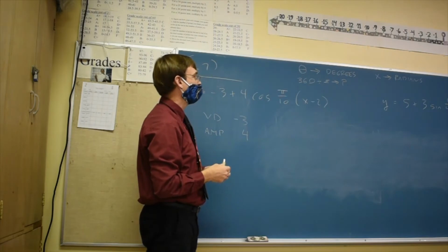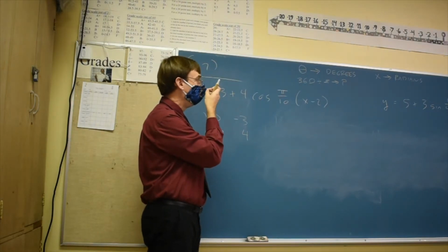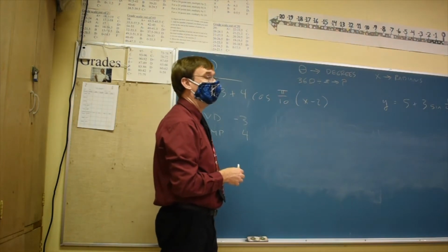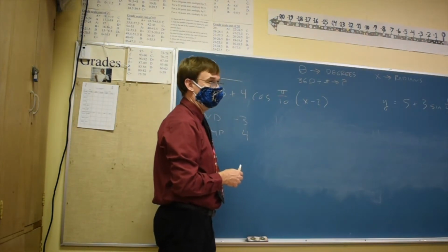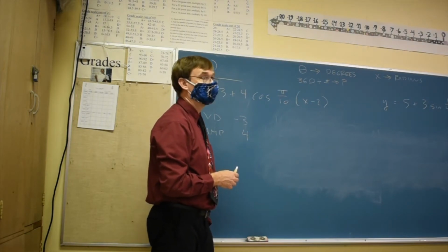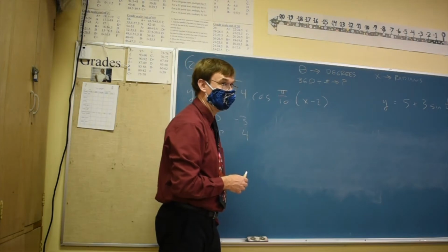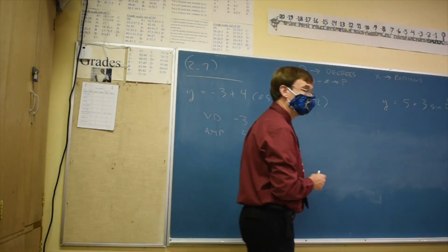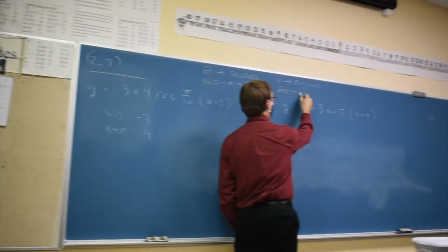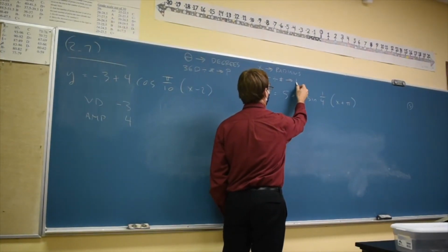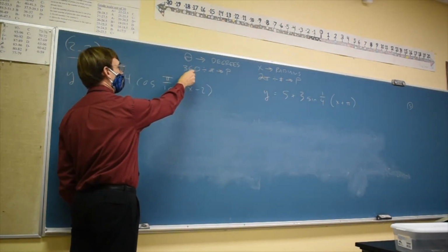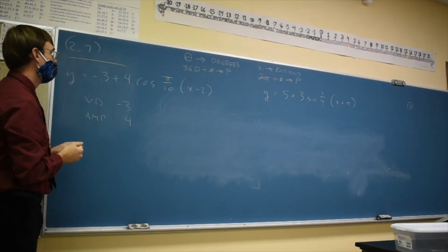Anybody have a thought on, in radian town, how we would have to modify that approach? 2 pi, correct. Keep talking. 2 pi divided by the period number, correct. We're going to do 2 pi divided by that number to get the period, because 2 pi in radians is the same as 360 in degrees.